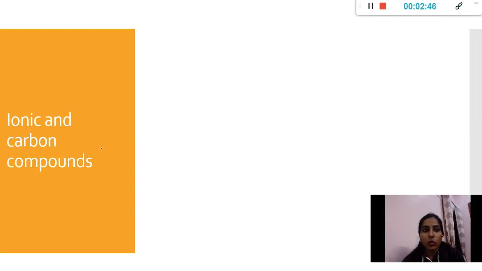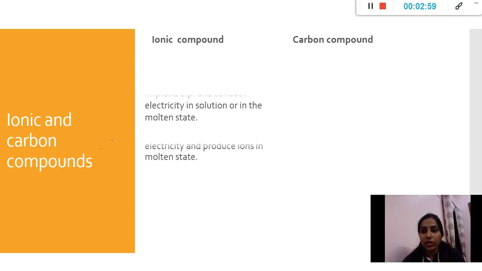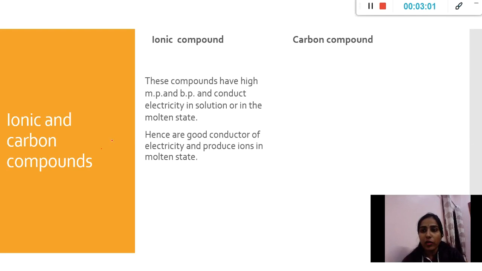So, what are ionic and carbon compounds? Ionic compounds. You have earlier studied about ionic bonding, the bonding found in ionic compounds.